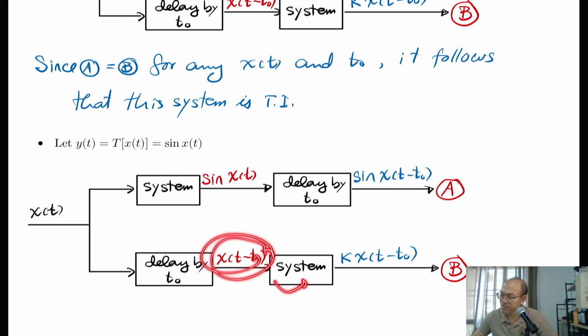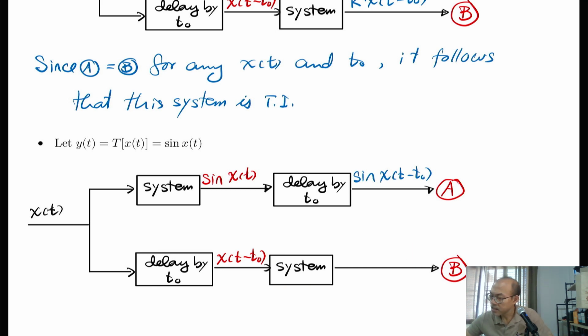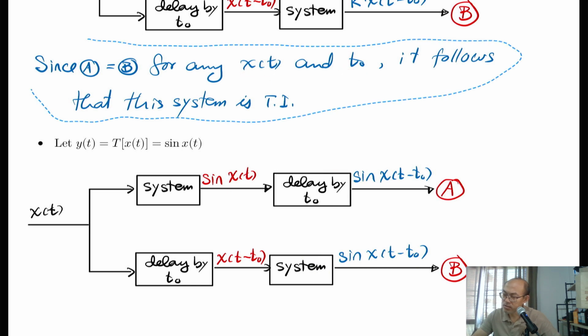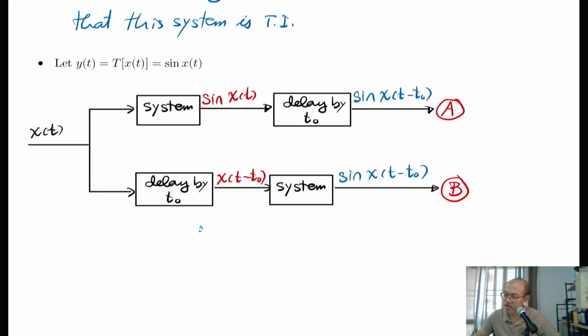What the system does is throw this into sine. So I'm going to have sine of x(t minus t0). Again, you see these two paths generate the same signal regardless of the values of the signal x and t0. So we can conclude that the system in this example is time invariant.